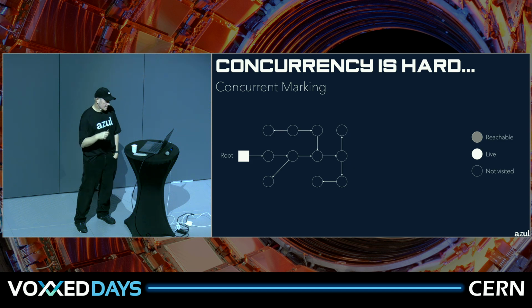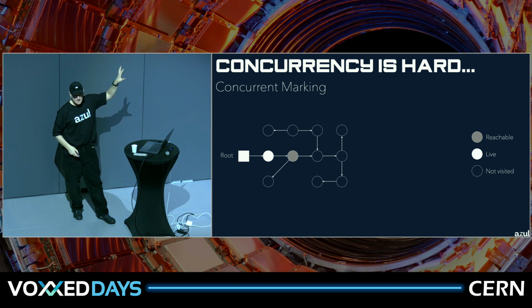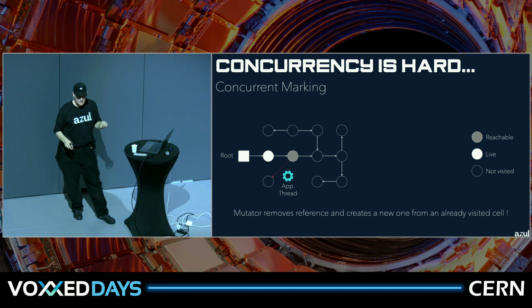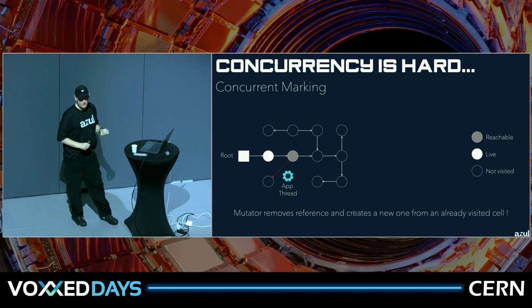So if we do that, usually we start from the root, which is the stack frame, that's the square. And the collector just starts and follows the references to the objects. It finds the first one and marks it as reachable, right? And then it says, okay, it's live. Then it goes on to the next one. And then suddenly, because now it's concurrent, the application thread decides, oh, you know what? I remove this reference because I don't need it anymore, and I create a new one.